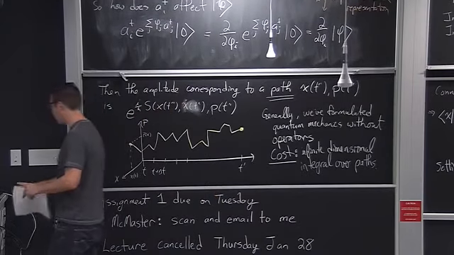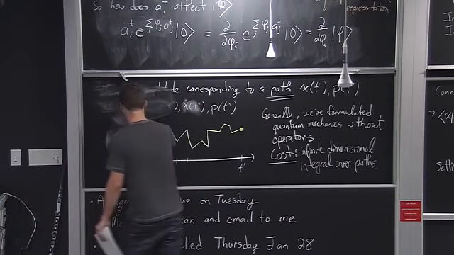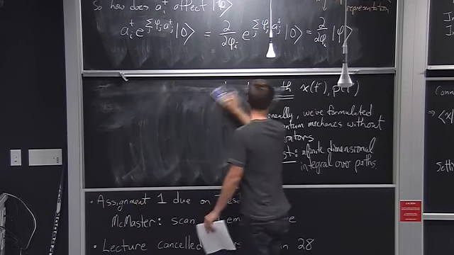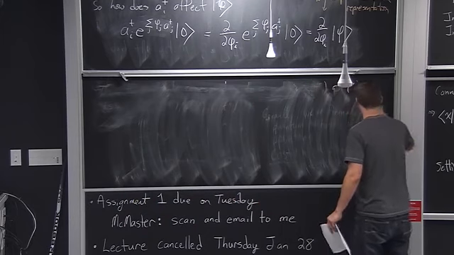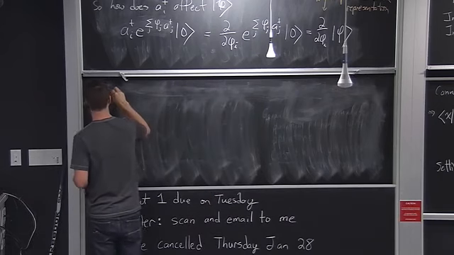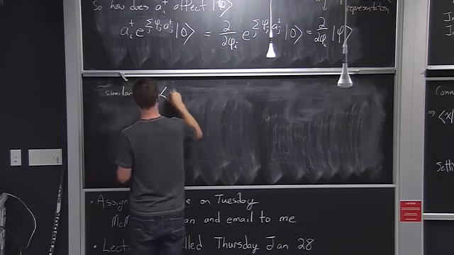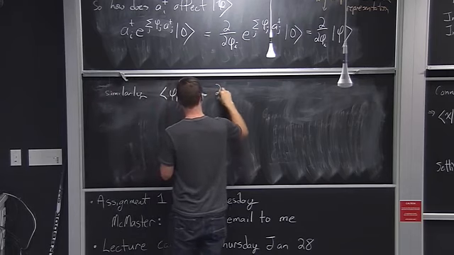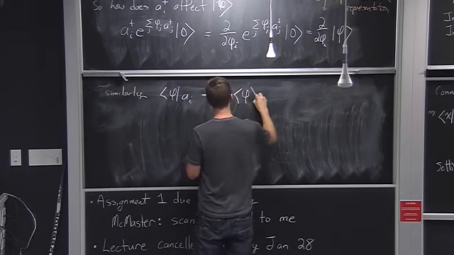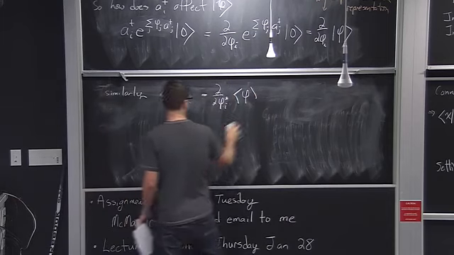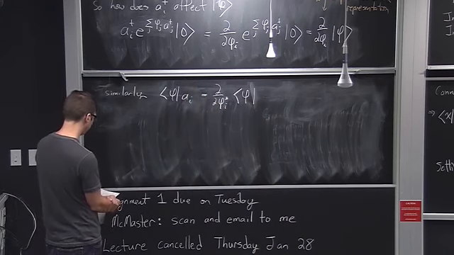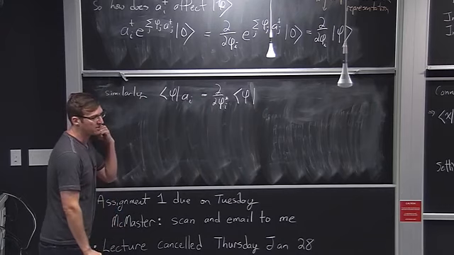Okay, so similarly, if you act backwards on the ket with the lowering operator, you'll get the derivative with respect to the complex component. So you can ask, what's the overlap?